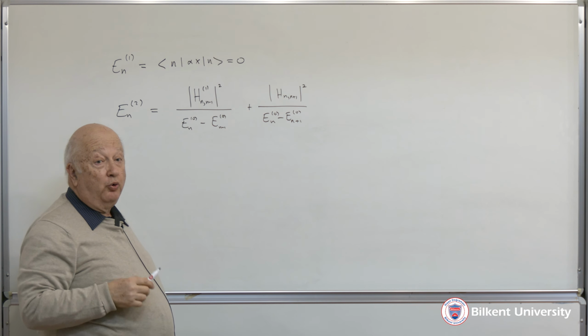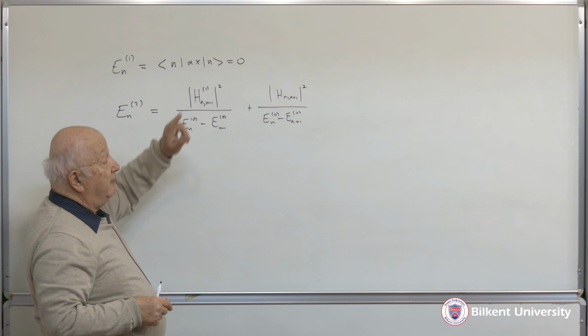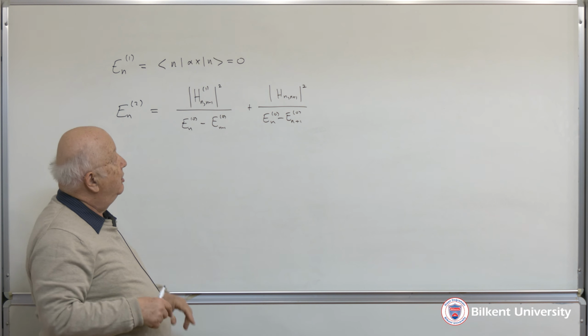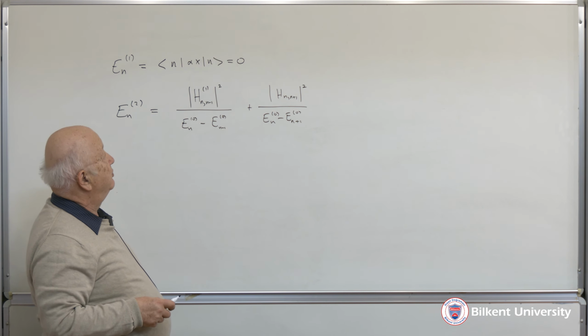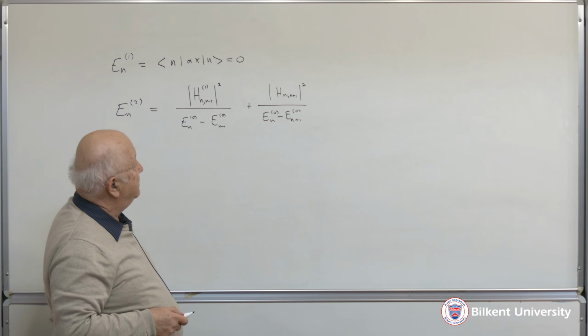Okay, so those will be the only surviving terms, right? Because this alpha x either raises by 1 or lowers by 1, so I get either n minus 1 or n plus 1. Okay, so let's see what these things are.